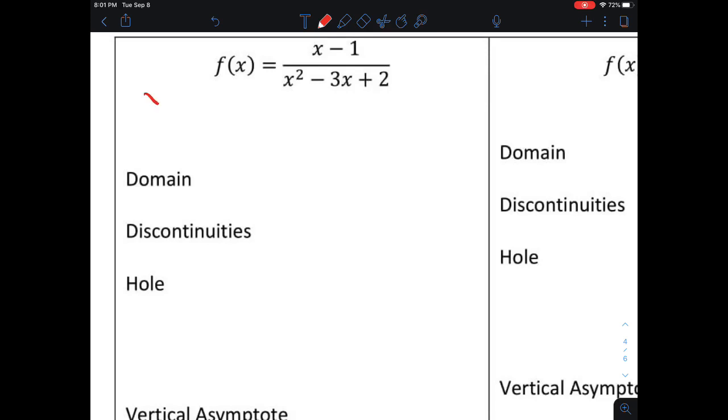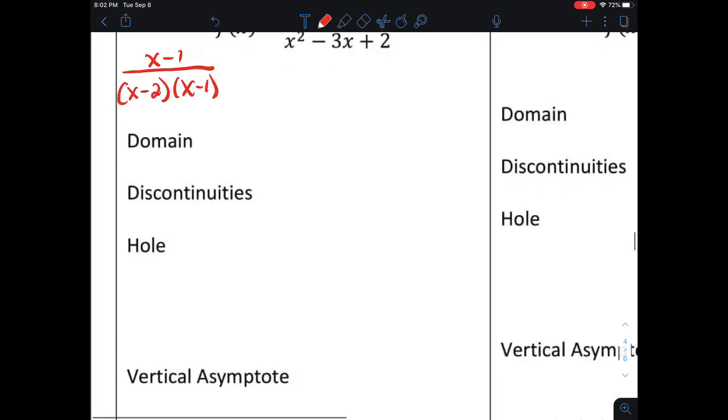And so what we have is x minus 1 over the denominator, which will factor to x minus 2 times x minus 1. And so we'll work our way through this whole list of analysis things to fill out. So once you have it factored, figure out the x values that make the denominator 0.